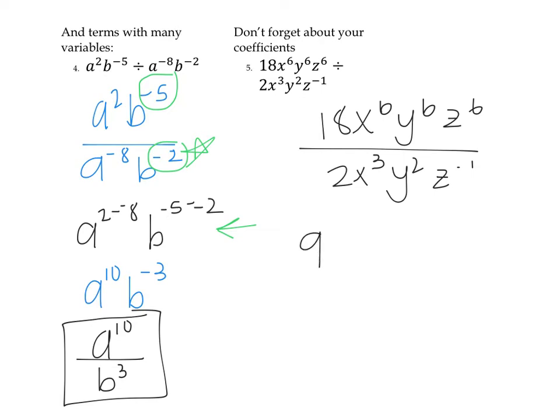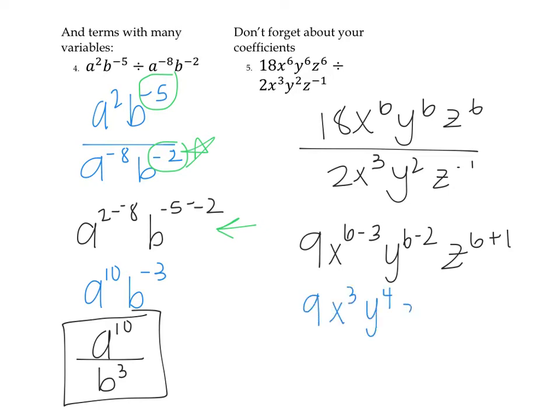And then we've got x to the 6th minus 3, y to the 6th minus 2, z to the 6th minus negative 1. So instead of putting minus negative, I'm just going to put plus 1. Okay? So I've got 9x cubed, y to the 4th, z to the 7th. And that is my final answer for that problem as well.